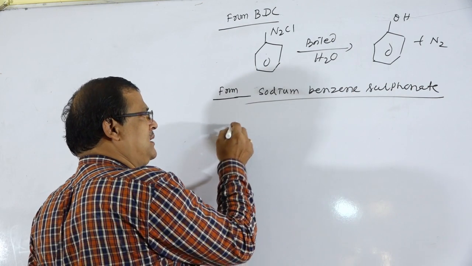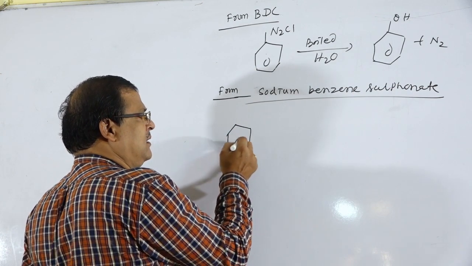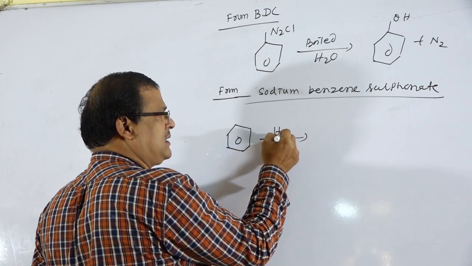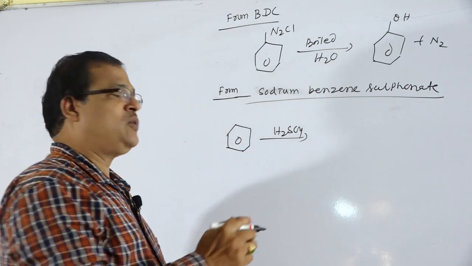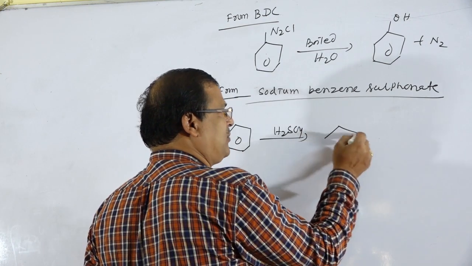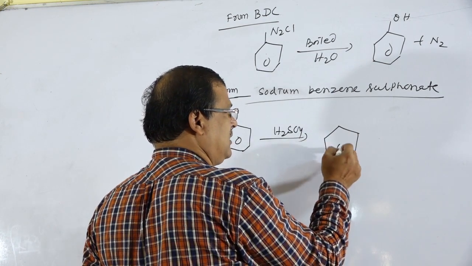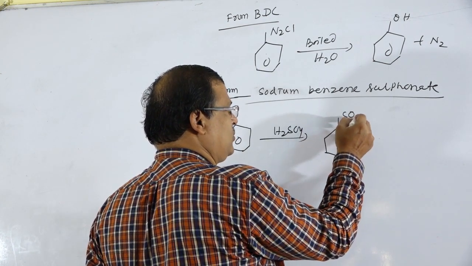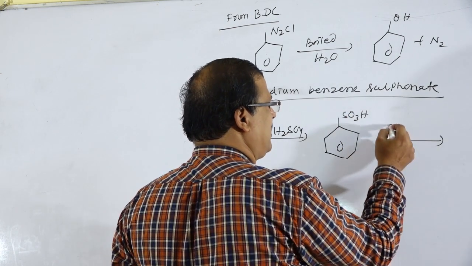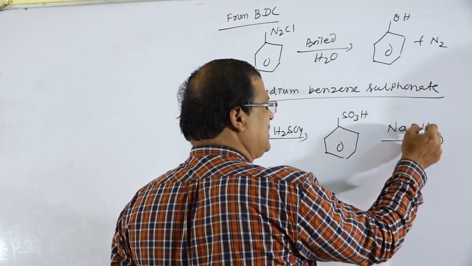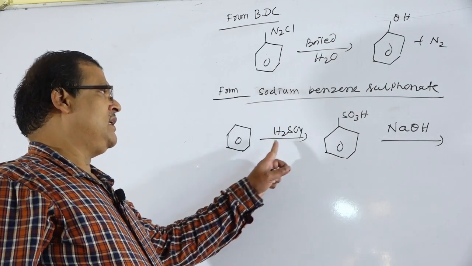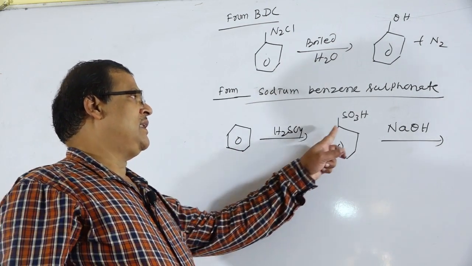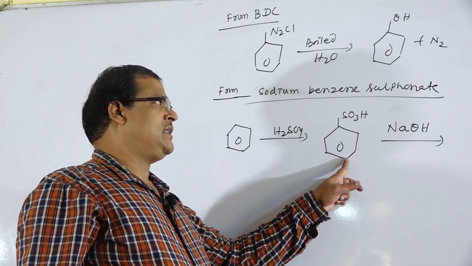For example, benzene is treated with sulfuric acid to form benzene sulfonic acid, benzene that contains SO3H. Benzene treated with sulfuric acid gives benzene sulfonic acid.